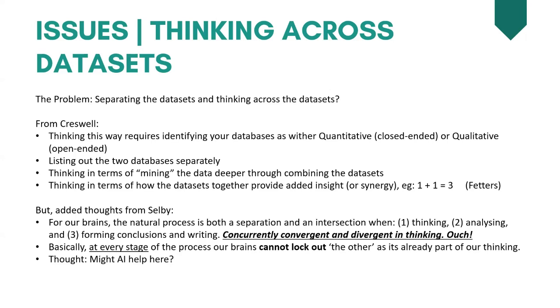But if we're trying to treat them separately, it can also be a problem. So at every stage of our process, our brain cannot lock out something else because it's already part of our thinking. Now, that's mixed methods in the best way. I've understood my qualitative data, but I've also spent a lot of time with my quantitative data.